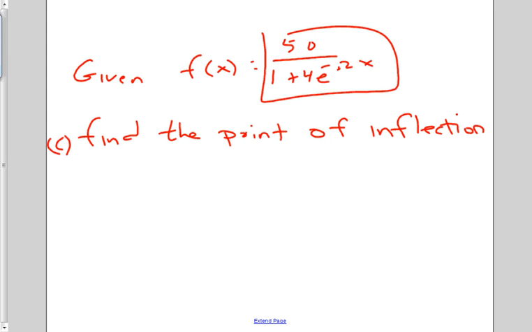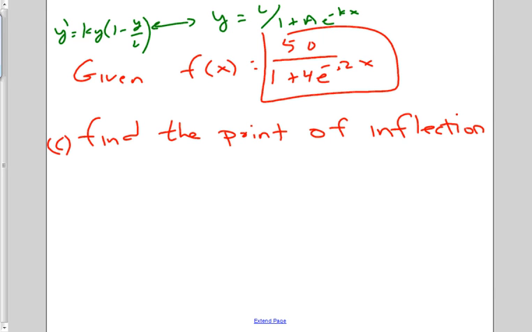We know that the general form of this is y equals L over 1 plus a e to the negative kx, and that the first derivative is y prime equals ky times 1 minus y over L. That's just how we derived the logistic model originally.